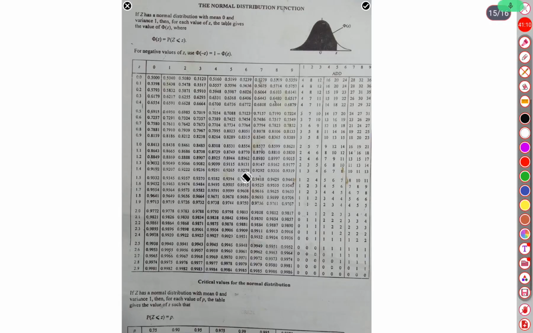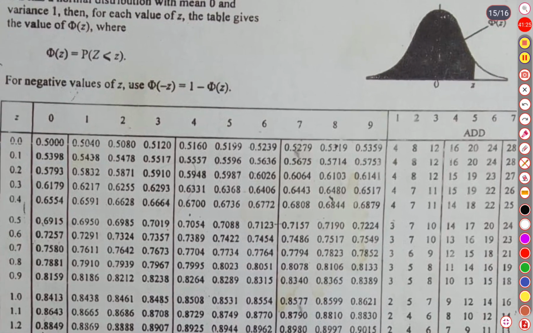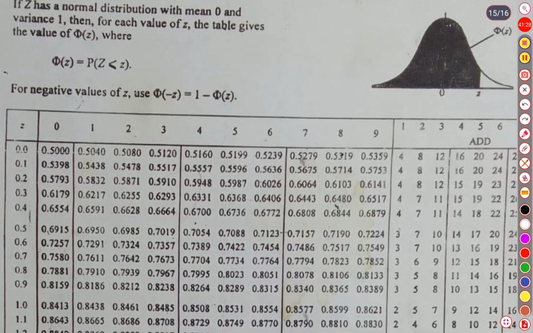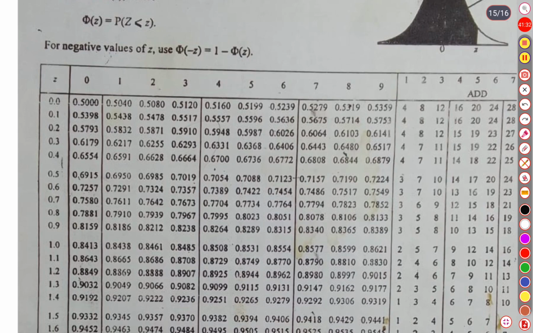This is the image of the normal distribution, and let it be zoomed out. What was our z score?